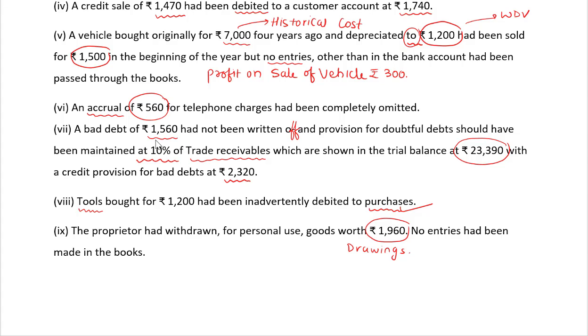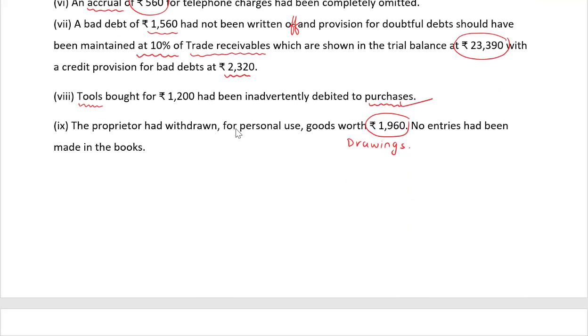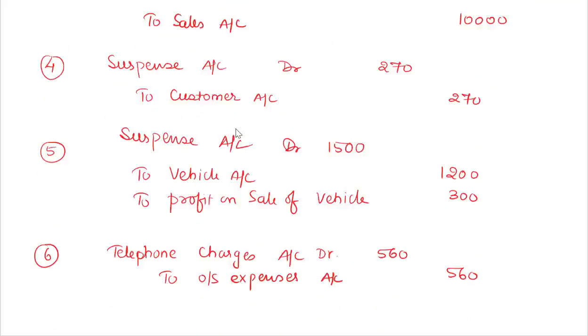So students, first we will pass an entry for maintaining this bad debt quickly, 1560. So seventh, bad debt account debit 1560, and over here credit would be trade receivable account.